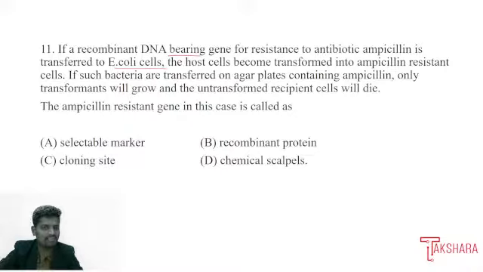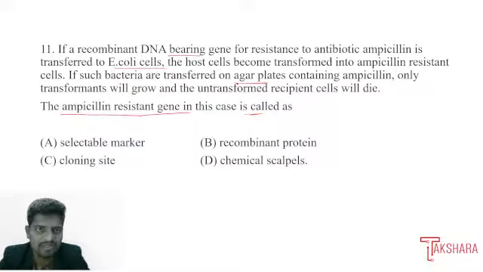If such bacteria are plated on an agar plate containing ampicillin only, only the transformants will grow, and untransformed recipient cells will die. So the ampicillin resistance gene acts in the formation of recombinants and non-recombinants. The ampicillin resistance gene is one important marker, which we call a selectable marker.